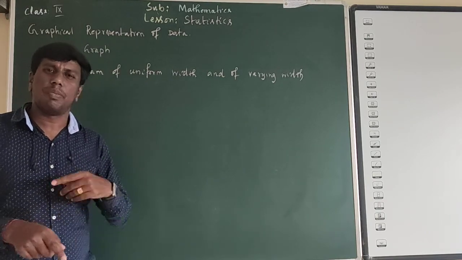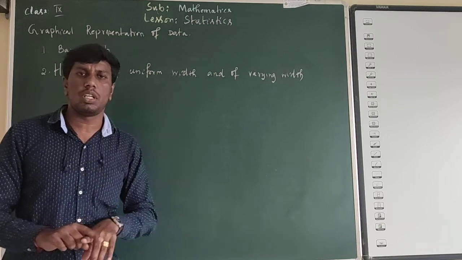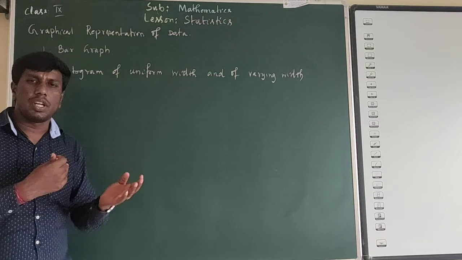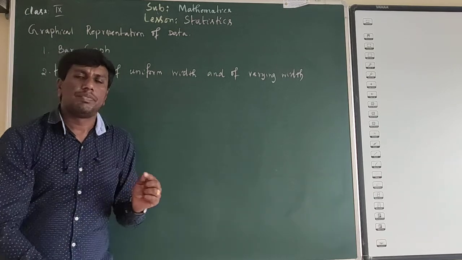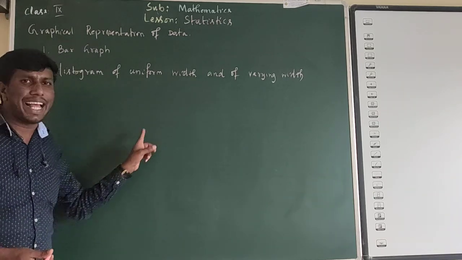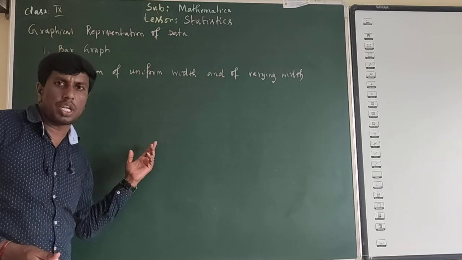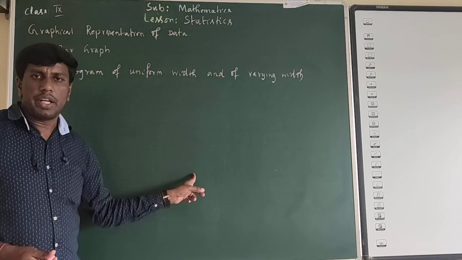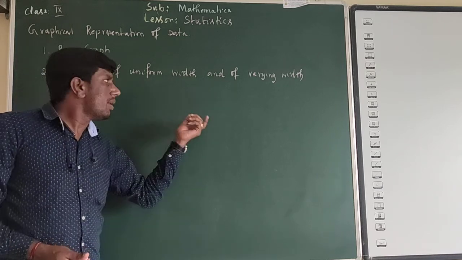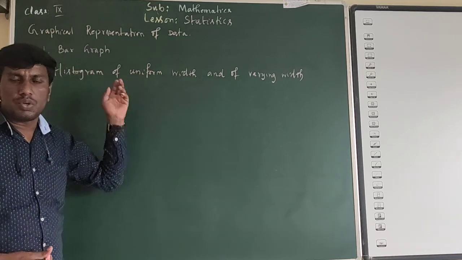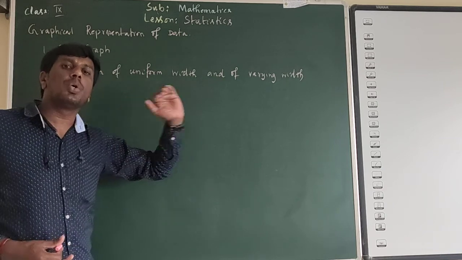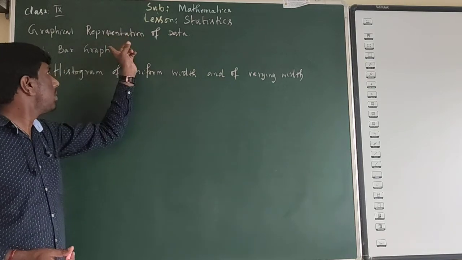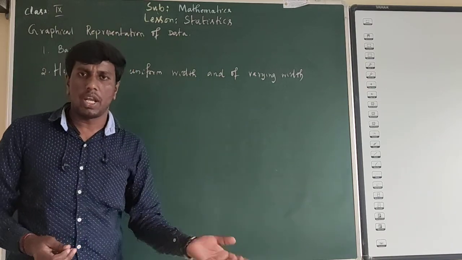Bar graph is very easy, anyone can do that. What is the difference between bar graph and histogram? When you take a class interval, like in the previous question, you need to represent it by using the histogram only. Without the class interval, that is ungrouped data, we can represent it by bar graph.